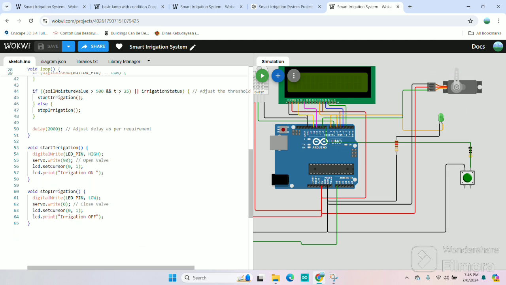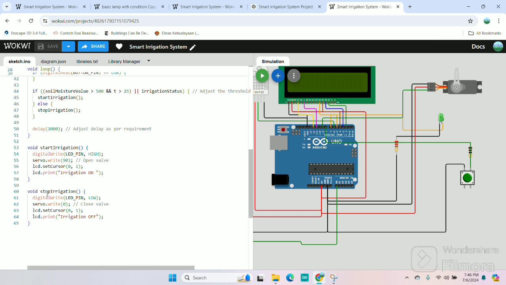If the irrigation is started or active, the LED will be on, and the digital write of the LED pin is high, it means on, and then the servo write 90, it means the servo turns right to open the valve, and then the LCD writes the status, like irrigation is on.